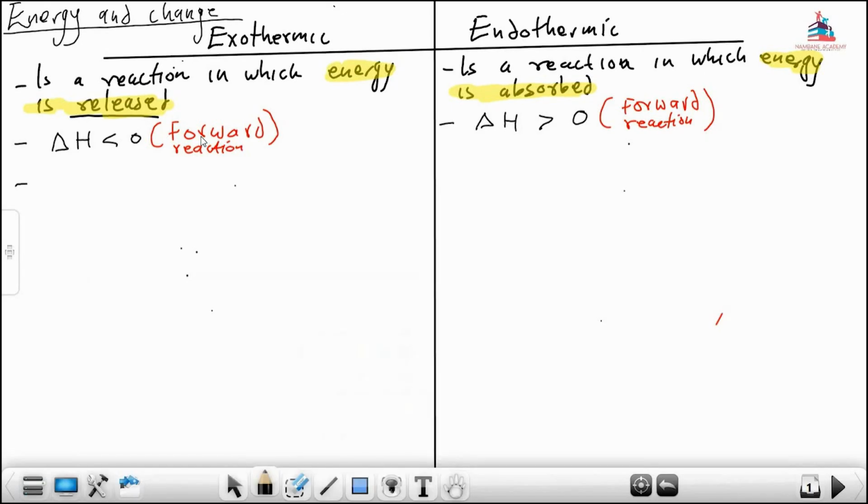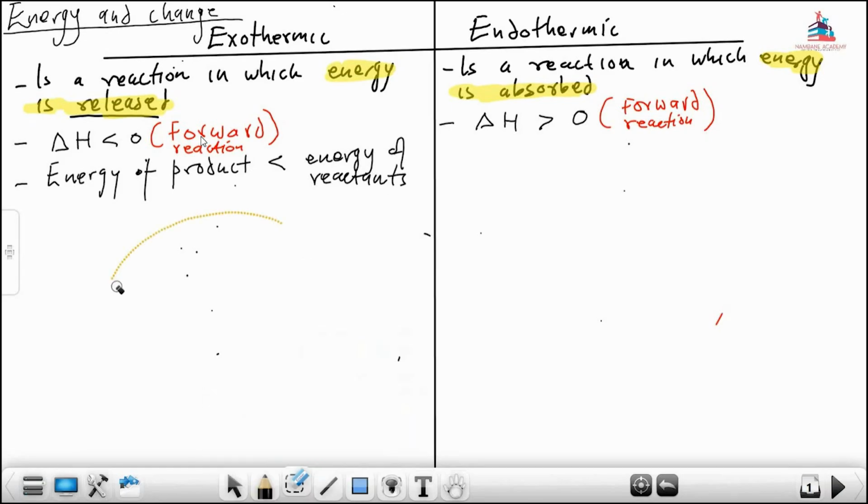Point number 3. They say to me, the energy of the products is smaller than the energy of the reactants.